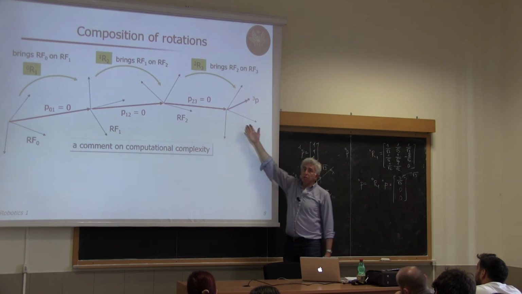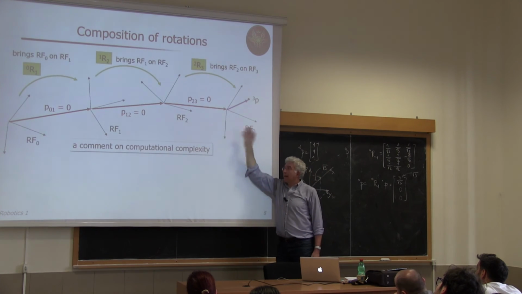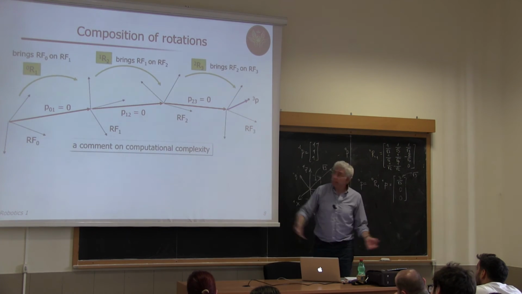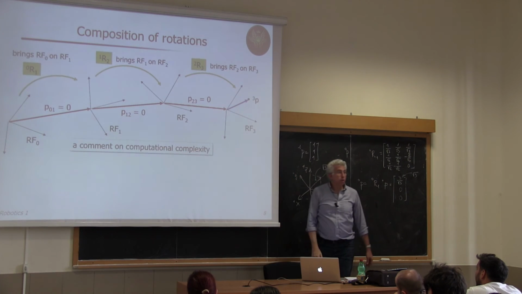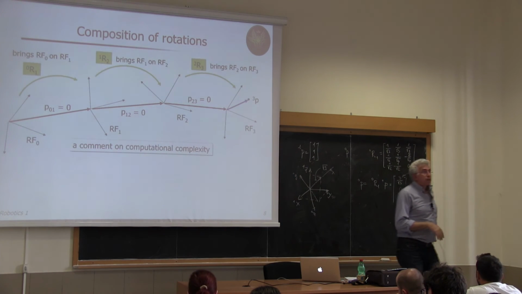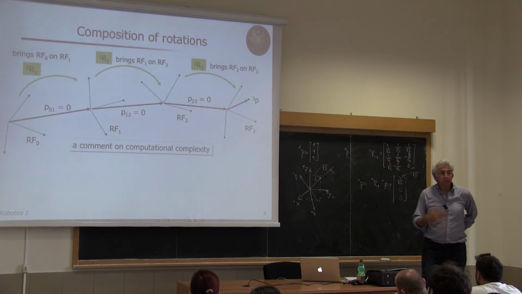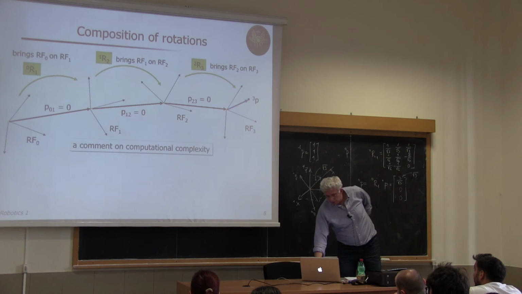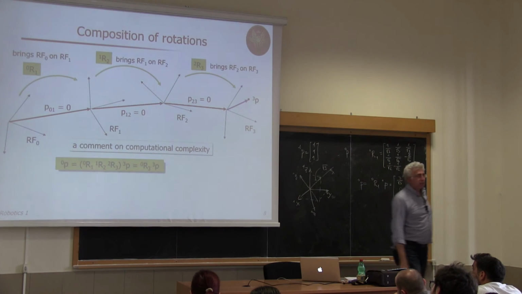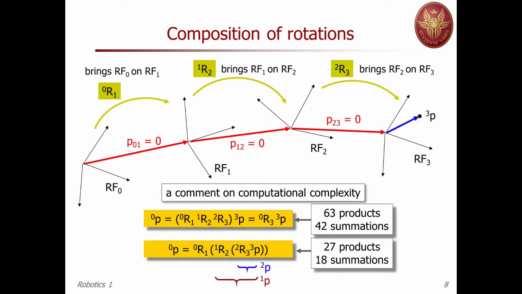So how do I do this? Well, I apply the chain rule. I express this several times by multiplying rotation matrices, and I obtain the result. But this can be done in 2 different ways. One is the following. I'm building up by multiplying the first rotation matrix times the second and times the third. Now it's the chain rule repeated.